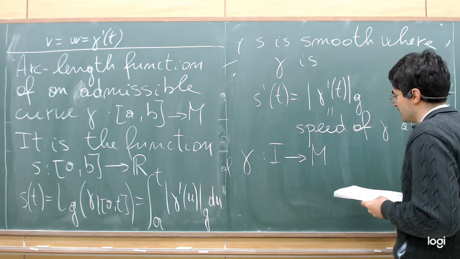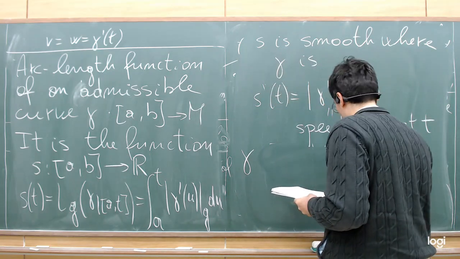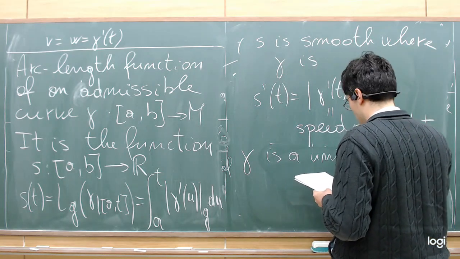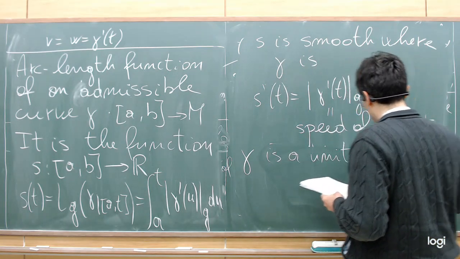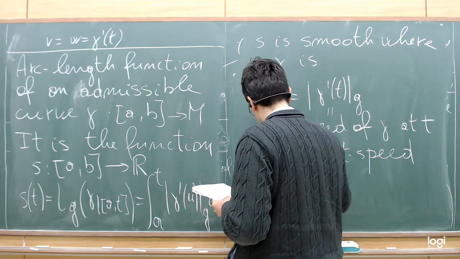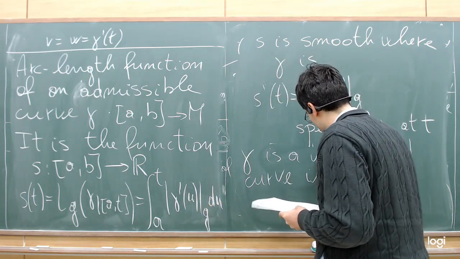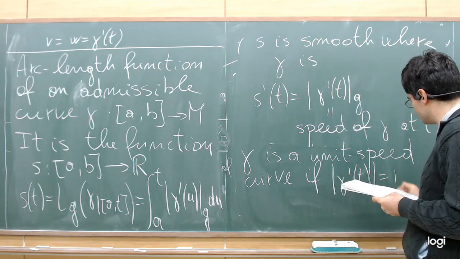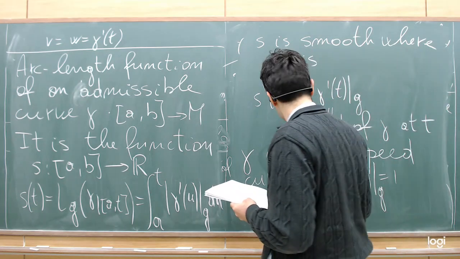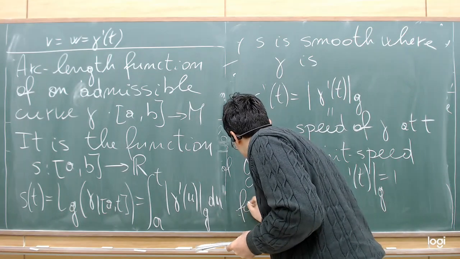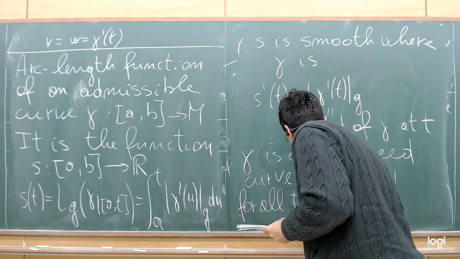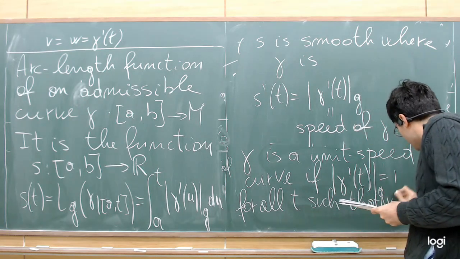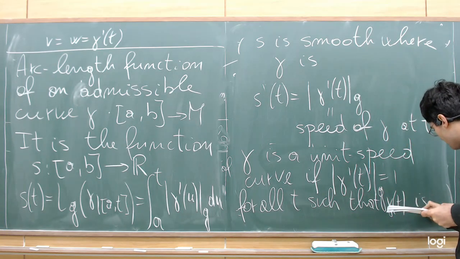Let's say gamma is a unit speed curve if the length of this vector is 1 for all t such that gamma is smooth.